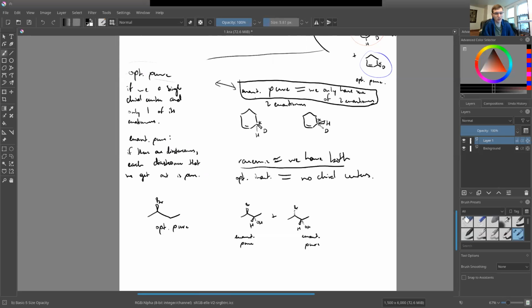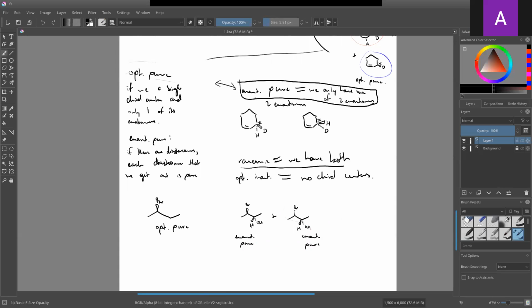There might be some really nuanced, tiny part of the definition that I have mixed up here, but again, I wouldn't get super caught up over it. Just if you know that these two are the only structures that you get at the end, just write enantiomerically pure for both of them, if you so choose.